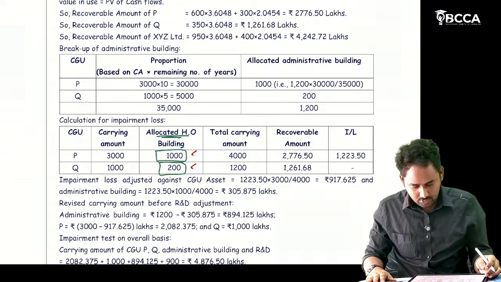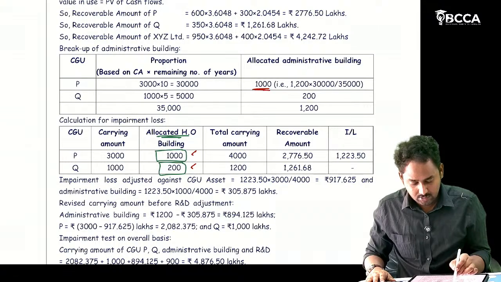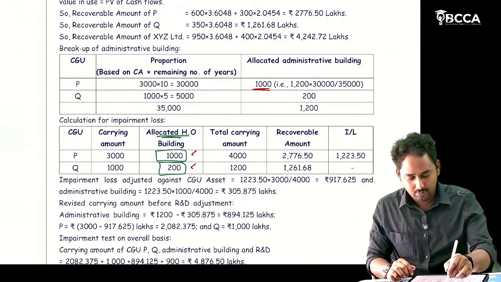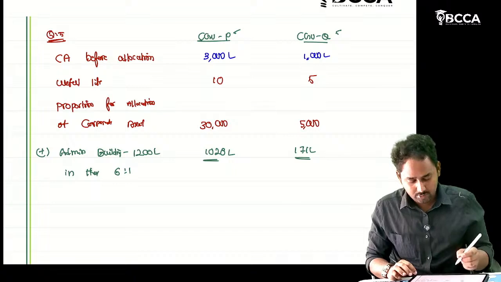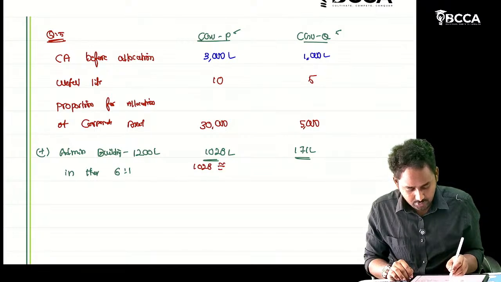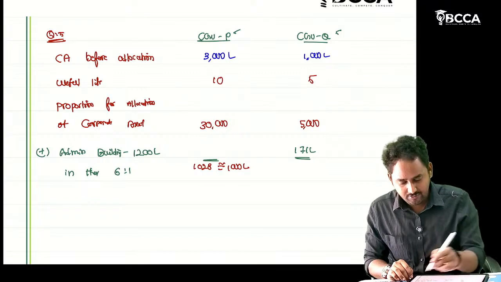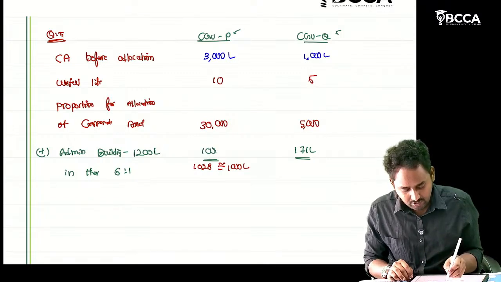This 1000 lakhs should be allocated. So instead of 1028, you can take it as 1000, because in the answer itself they have taken 1000 lakhs.